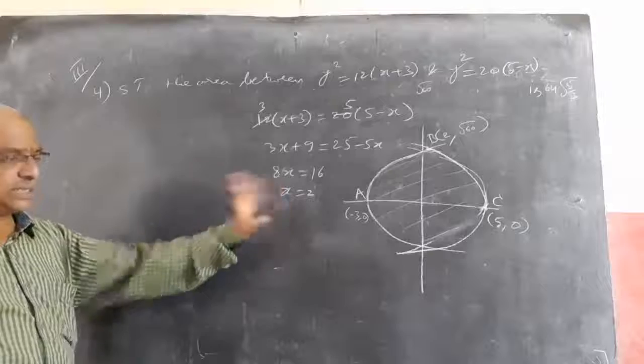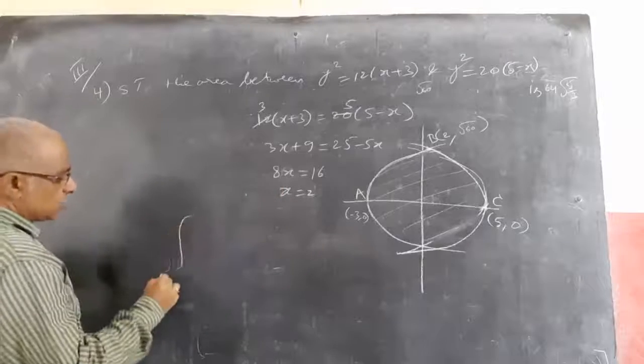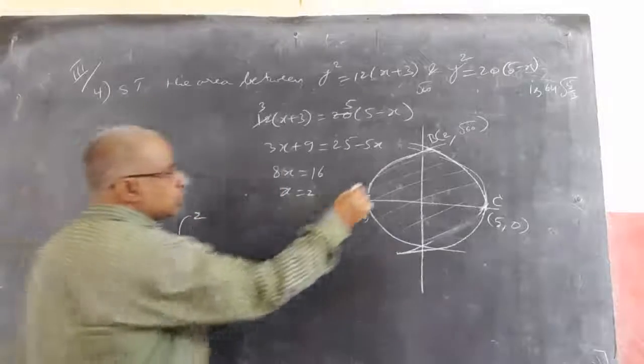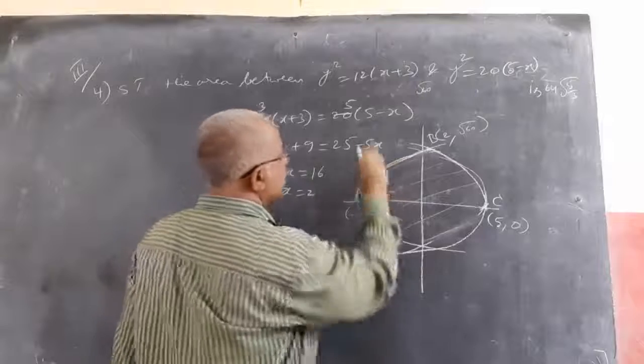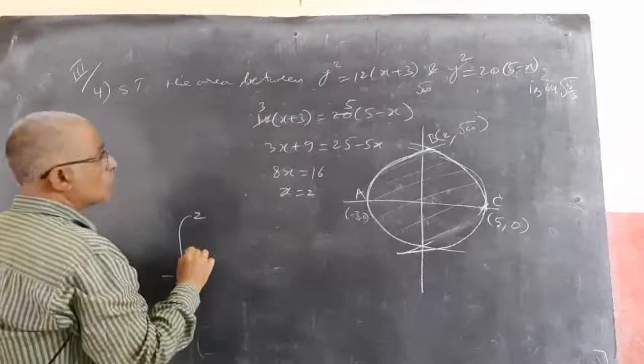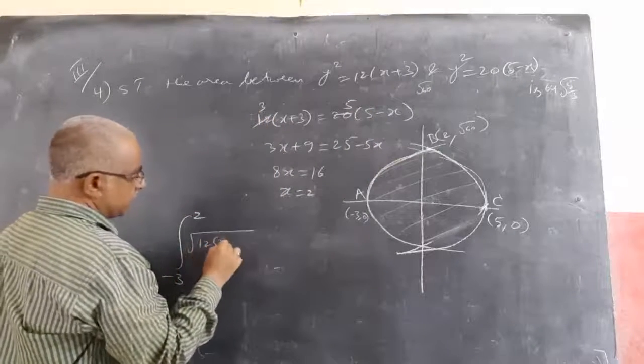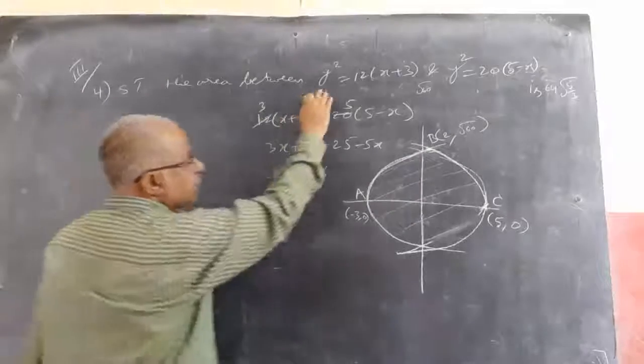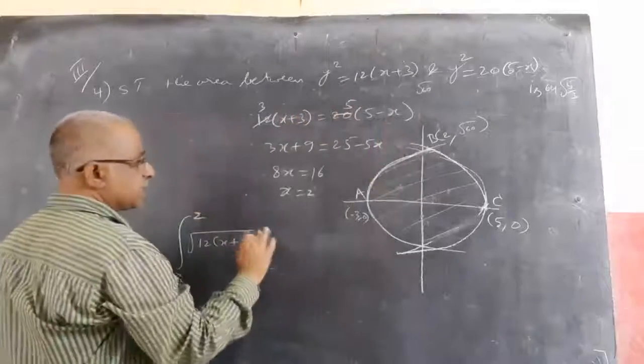Now x is 2. So from minus 3 to 2, this is the curve. This curve is y equal to root of 12 into x plus 3.